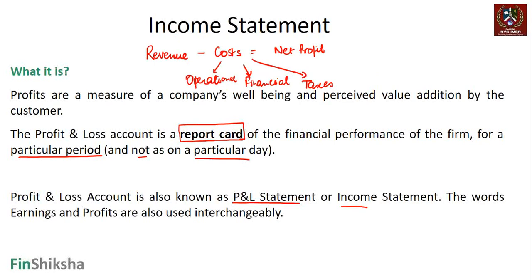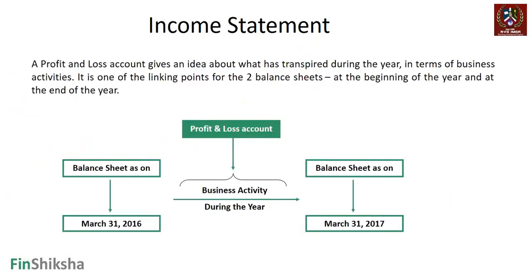Now, typically, if we remember, we said that the balance sheet is as on a date, and there's another balance sheet as on another date. So let's say this is balance sheet 1 and this is balance sheet 2. From going from point B1 to B2, the company will undertake some business activity during the year.